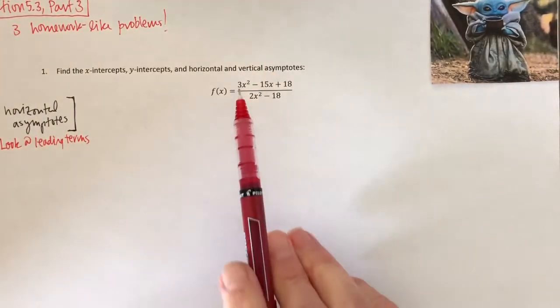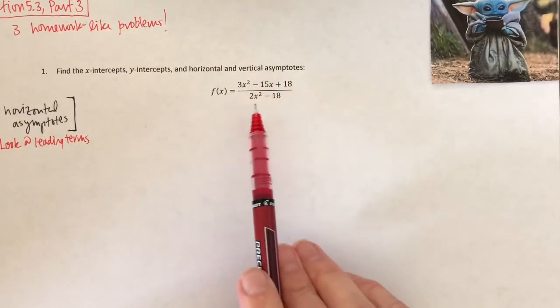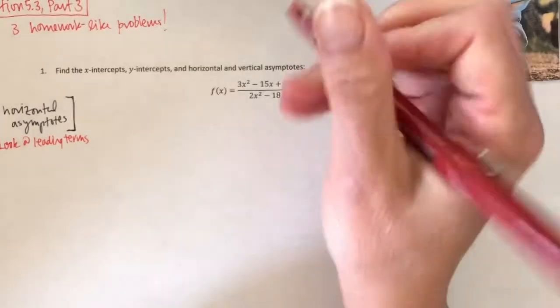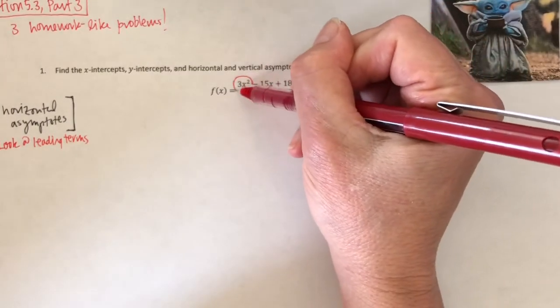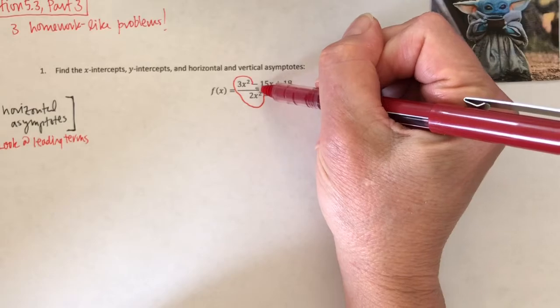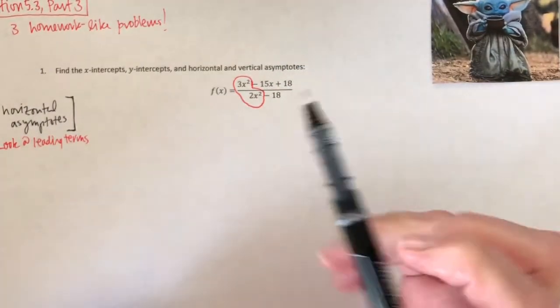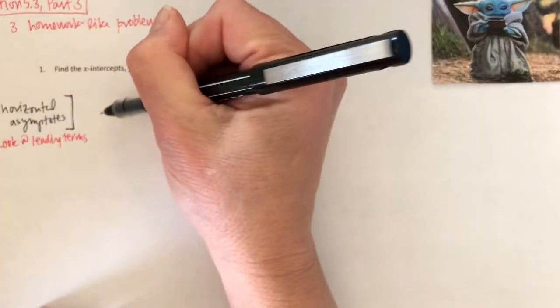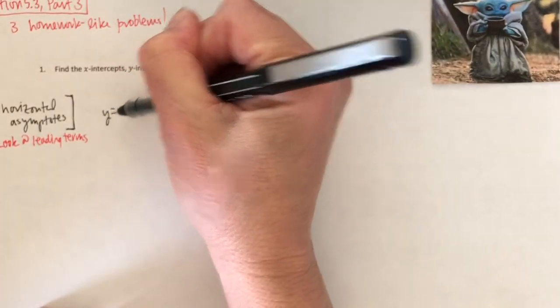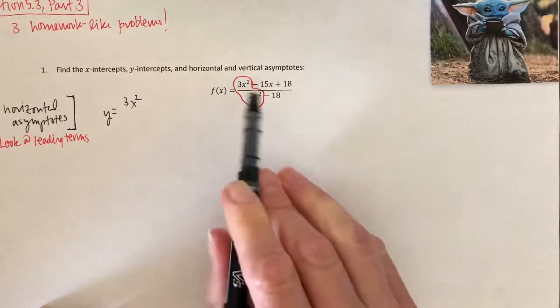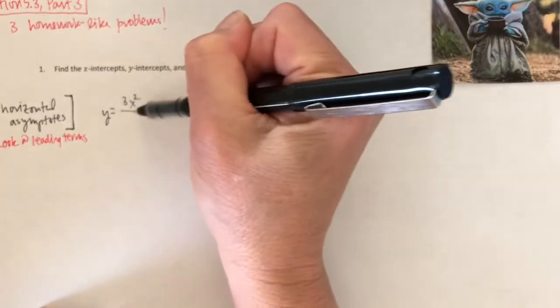This is definitely a rational function. We've got a quadratic over another quadratic, and the leading terms, the ones that are really going to dictate how the function behaves as x gets bigger and bigger, are these first 2. So we look at the expression y equals 3x squared over 2x squared. How does this behave?